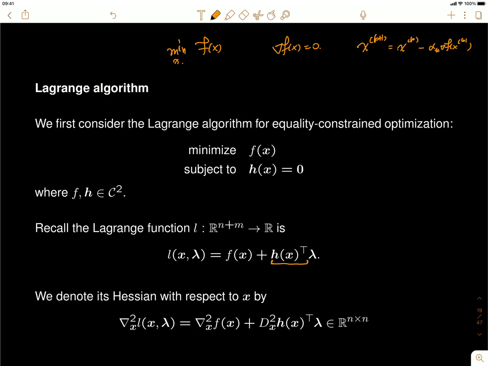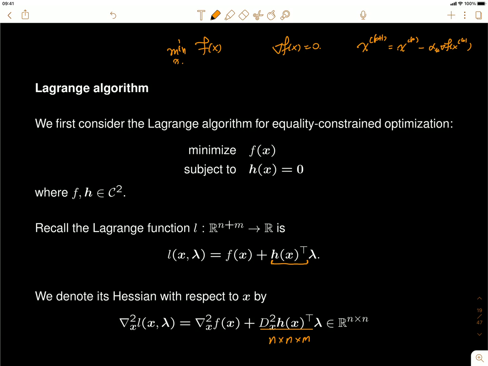When we apply the Hessian to this, we'll get this. So this matrix is actually 3-dimensional. After the transpose, it actually becomes n times m. Okay, it's like a cube.